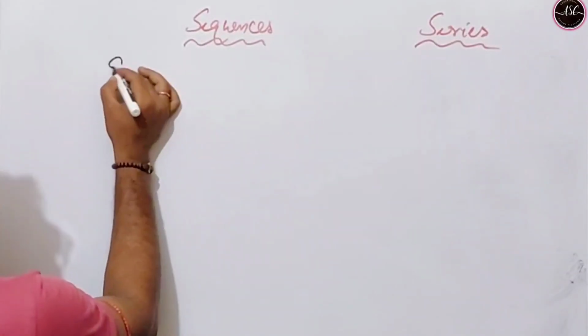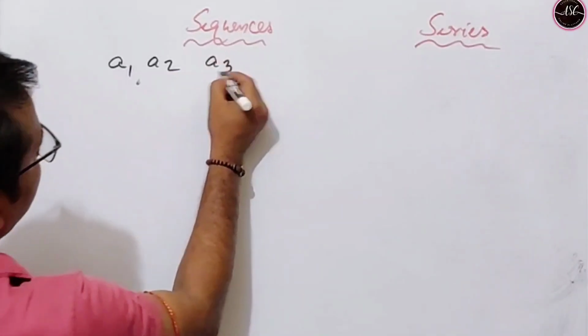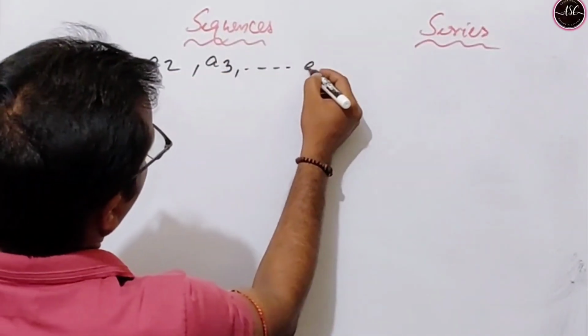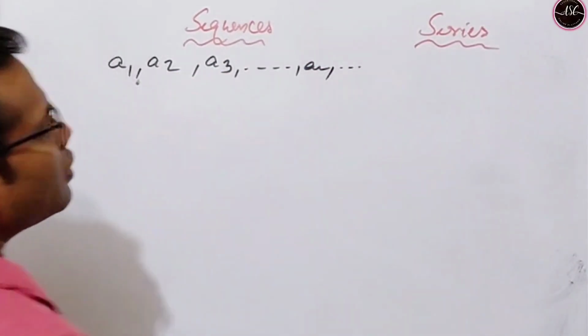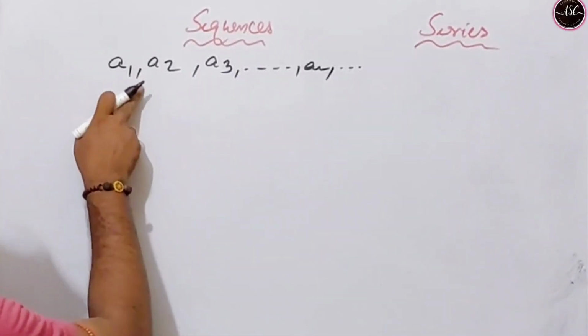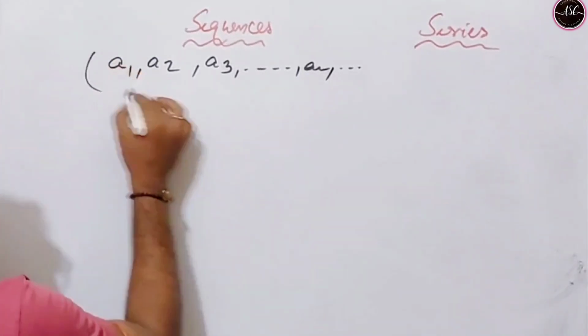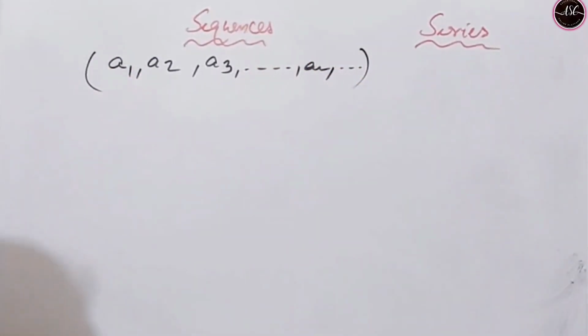Let there be some terms, suppose a1, a2, a3, an are some terms. Okay, we write a comma between two terms. If there is an expression like this, then this is called a sequence.